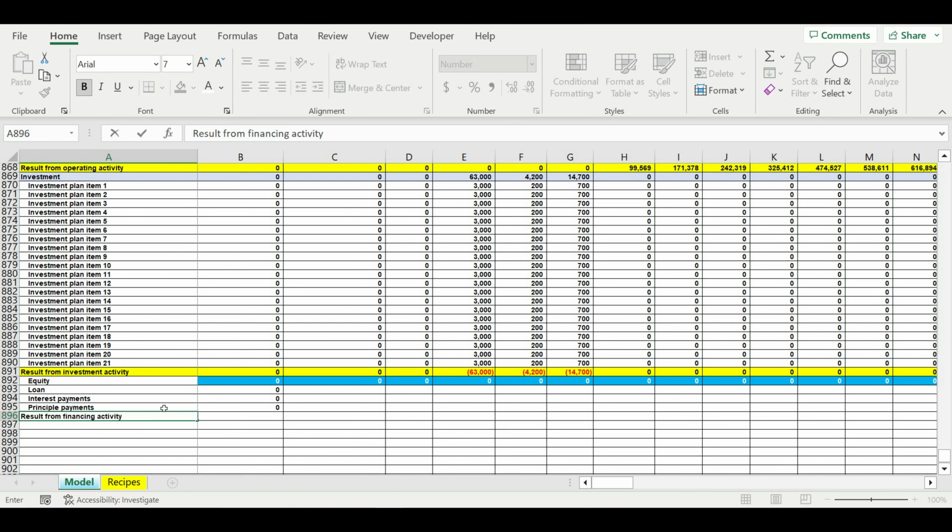And this will be this line plus inflow of the loan minus interest payments minus principal payments. Now let's extrapolate these formulas to the right.